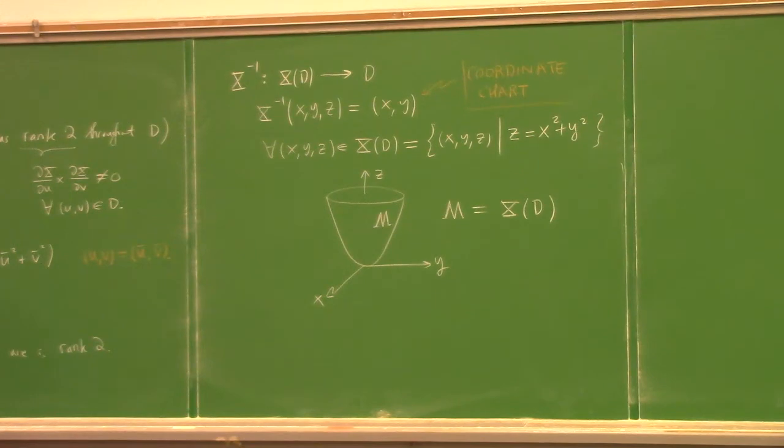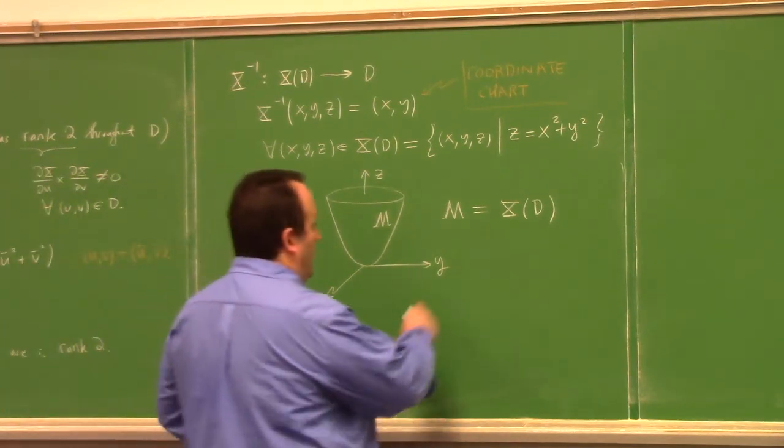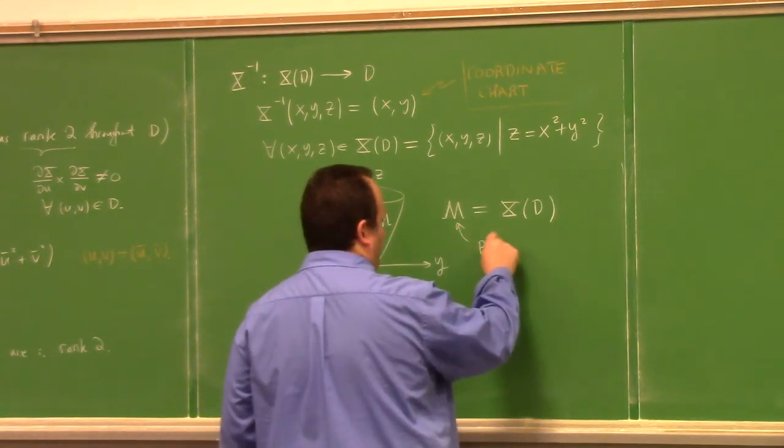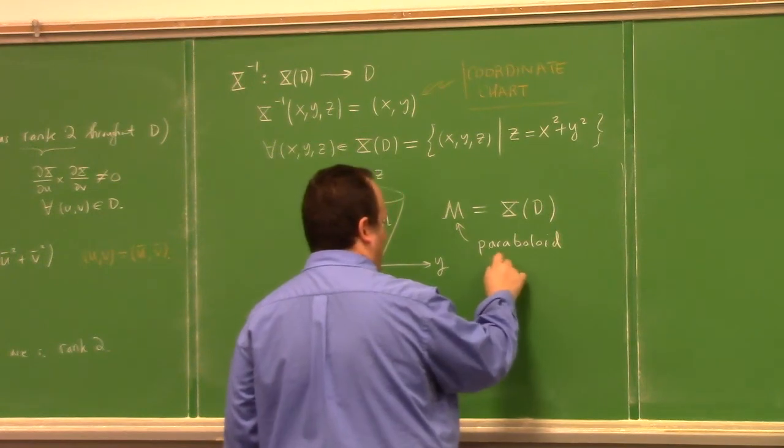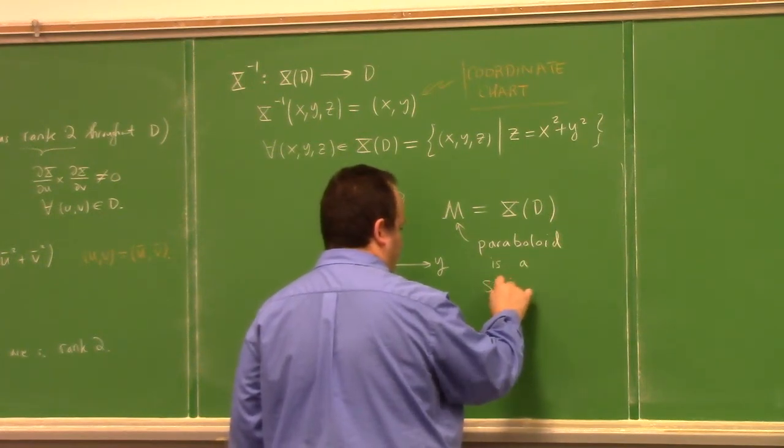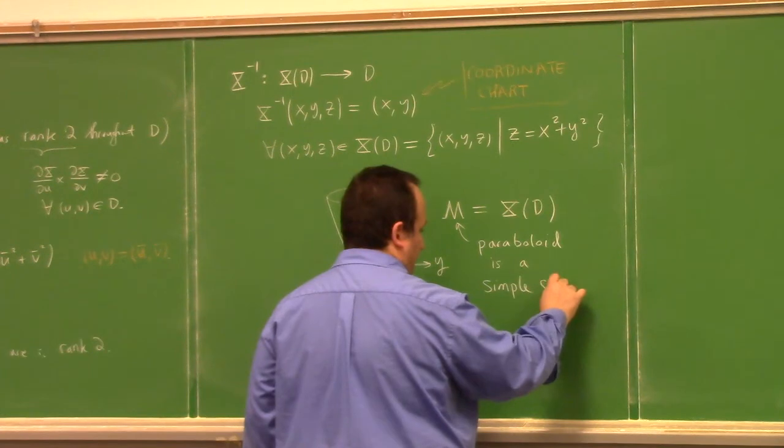A paraboloid is an example of a simple surface. Why is it a simple surface?